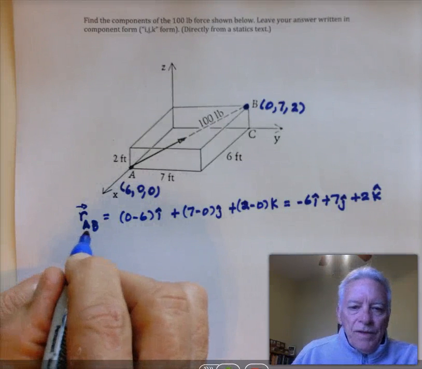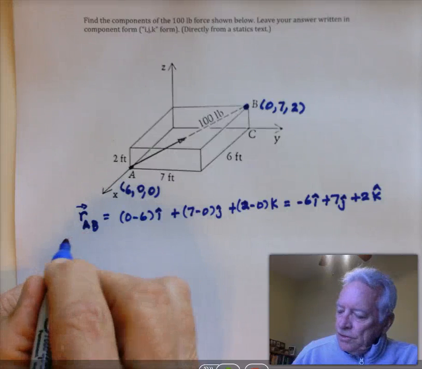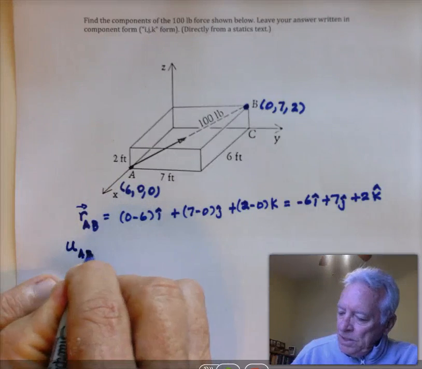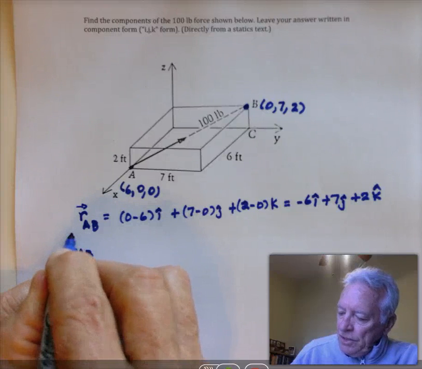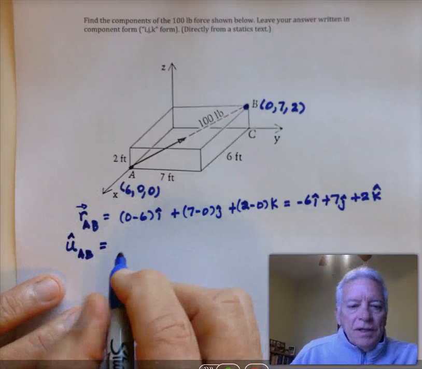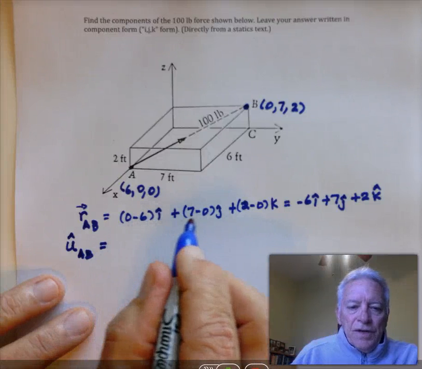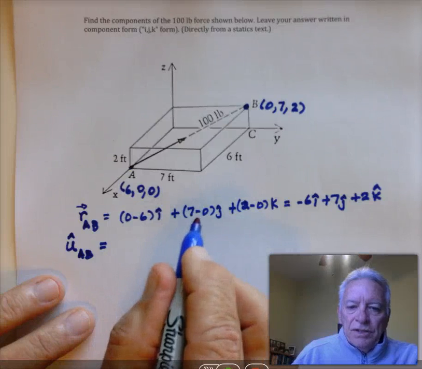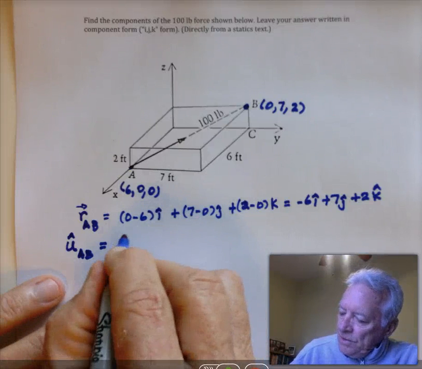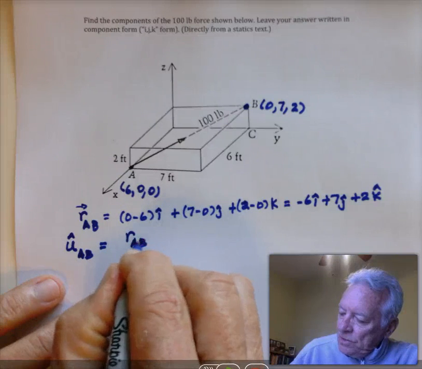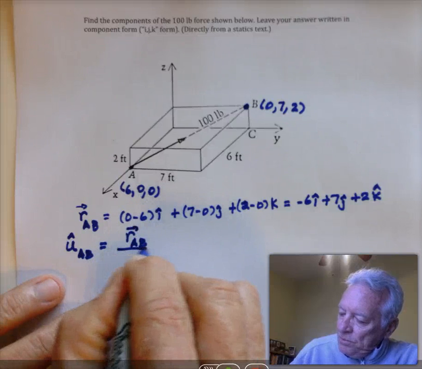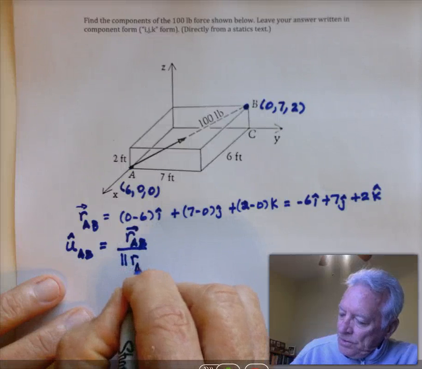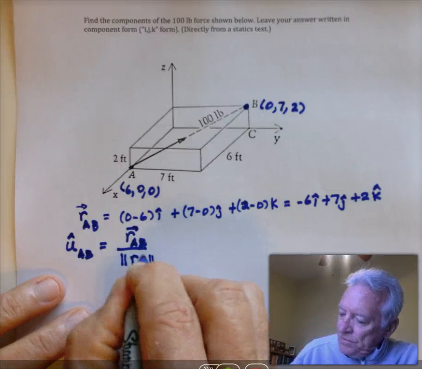But we don't want that vector. We want a unit vector in that direction. So I'll say U for unit, and I'll put AB again. To get the unit vector in that direction, we just find the magnitude and divide it into the vector RAB. So it'll be RAB, the vector we just wrote, divided by the magnitude of the RAB vector.